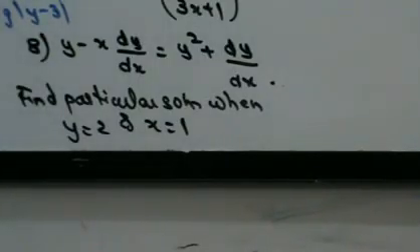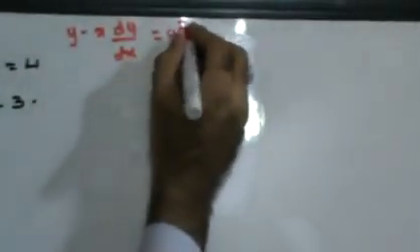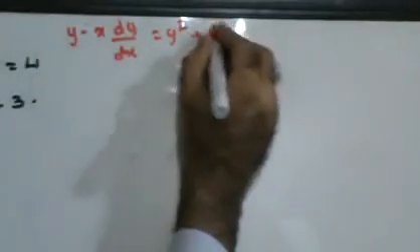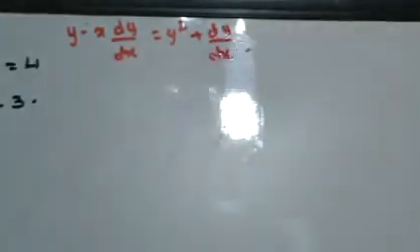Let's try to see the sum. The question is y minus x dy by dx is equal to y square plus dy by dx.